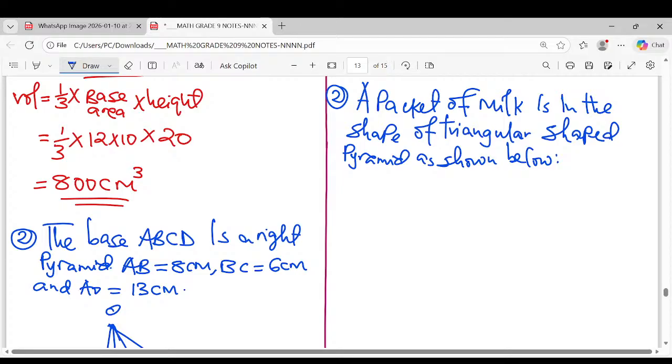So when you have that, this is the figure. I want you to be very, very keen.